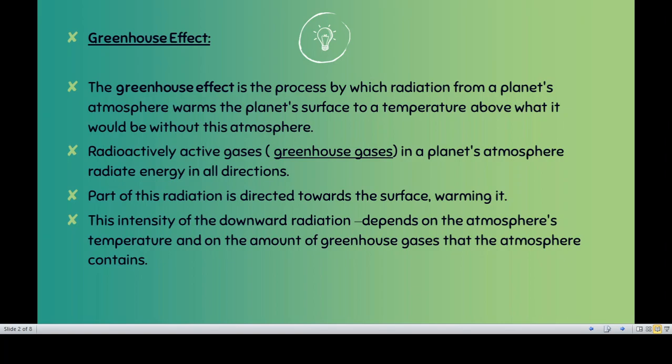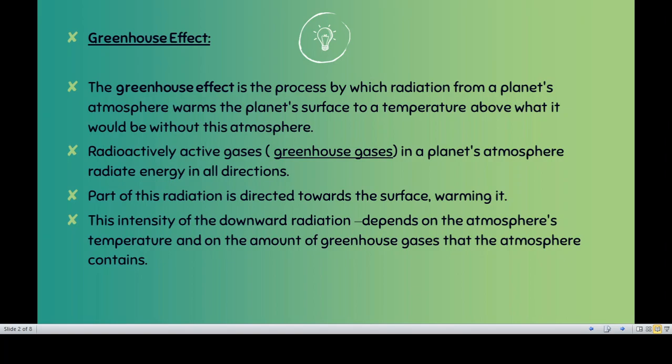So, what do you mean by a greenhouse effect? Basically, it is a process of radiation. Okay. So, consider that some kind of radiation, जैसे हमने पहले atmosphere में discuss किया था, that there are different layers of atmosphere. So, if you remember, the very first layer is the troposphere.